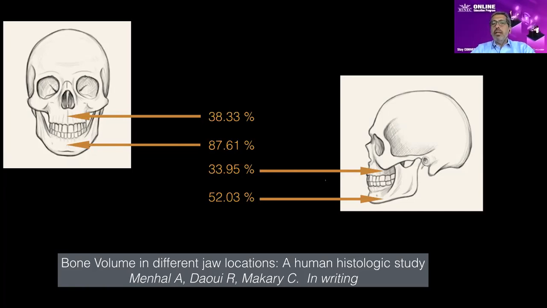And in the posterior maxilla, where the bone is softer, you can have around 34% of bone mineralization. So this gives us guidance to understand that when you're planning implant placement in the posterior maxilla, for instance, you can always expect to have a soft bone, and it is a different decision when you want to do an immediate loading than placing an implant in the anterior mandible.